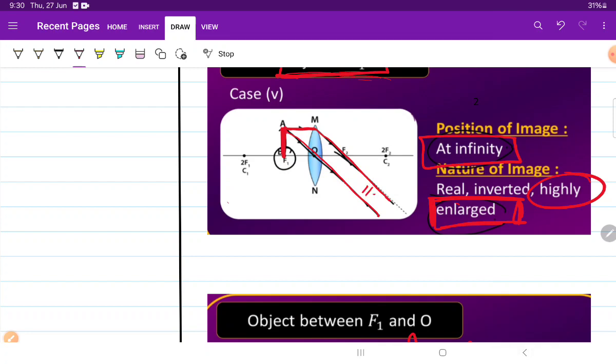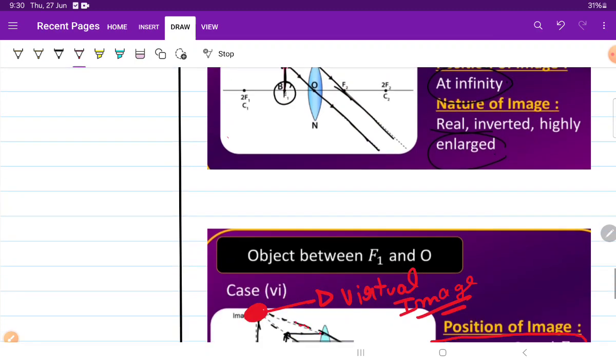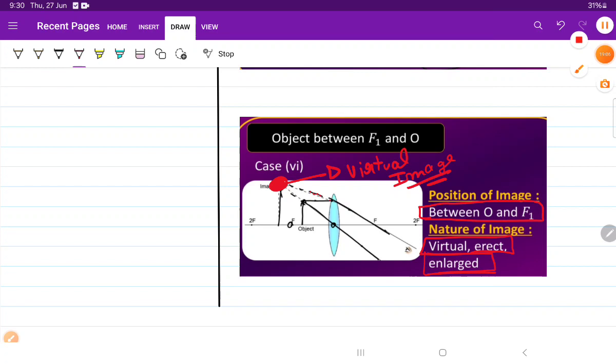They will not meet, they will continuously go. So they will meet at infinity. The position of the image will be at infinity. So here is the fifth case.